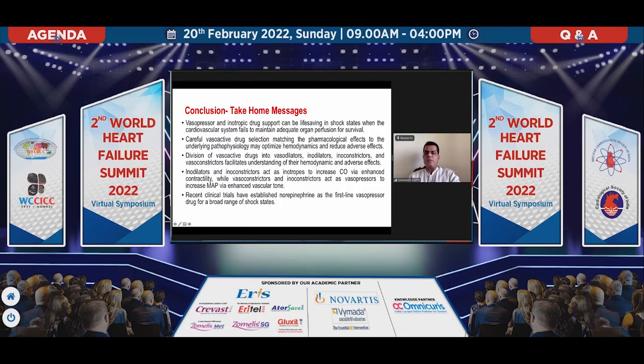This is the way we must remember the vasopressor agents. Inodilators and inoconstrictors act as inotropes to enhance contractility, while vasoconstrictors and inoconstrictors act as vasopressors to increase the mean arterial pressure by enhancing vascular tone. And recent clinical trials established norepinephrine as the first-line vasopressor drug for a broad range of shock states. Thank you.